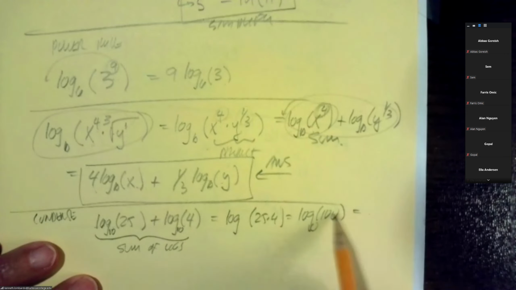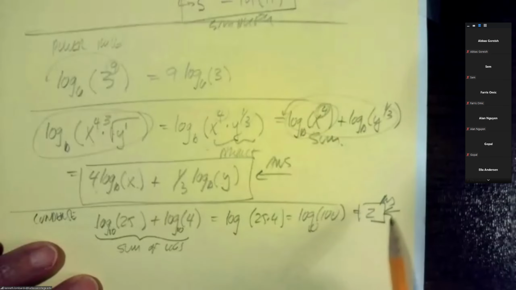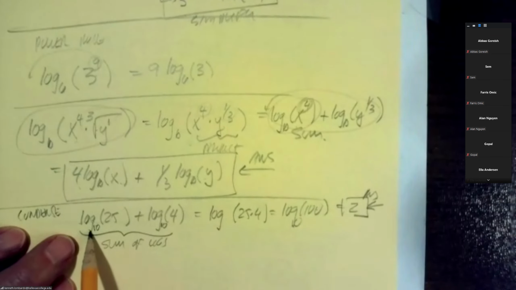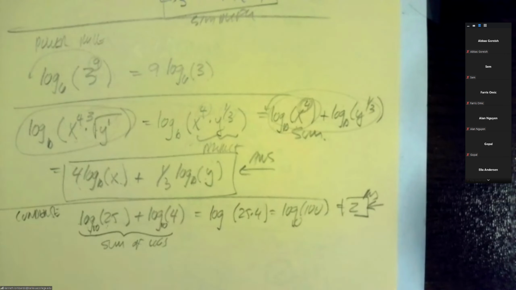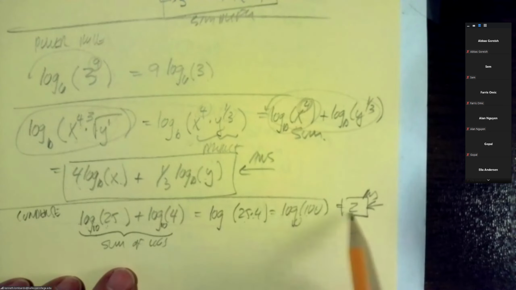So 10 to the what is 100? Well, that's 10 to the 2, isn't it? So we can say then that when we condense log base 10 of 25, and I didn't even say 10, I just said log of 25 plus log of 4, that is the log of 25 times 4, which is the log of 100, which is 2, because log is base 10.